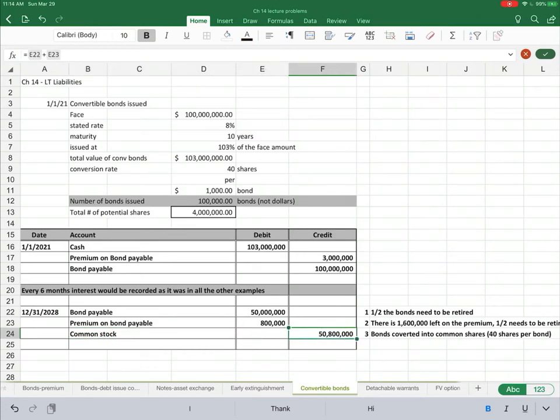So when we go to account for the common stock, it is very simply going to be the value of the bonds that were traded in. We don't necessarily take into account the actual going market price of those shares on the date that this conversion happens. We just take into consideration what those bondholders traded in exchange for common stock.